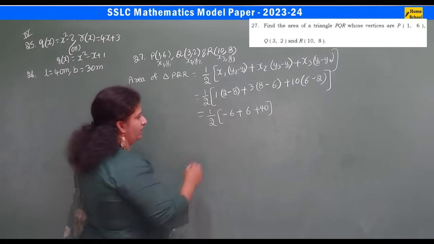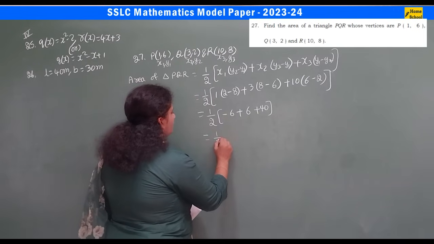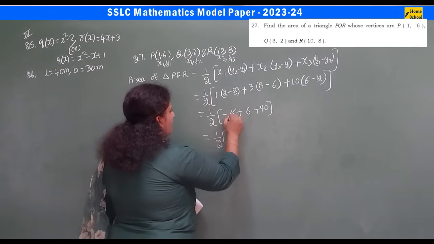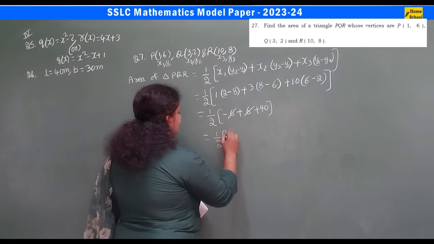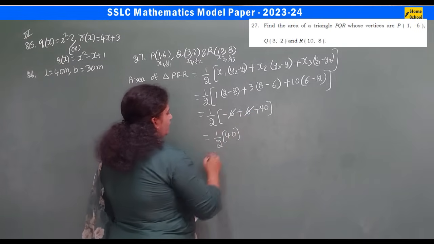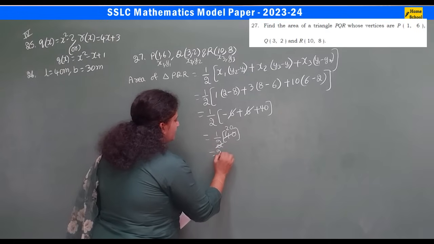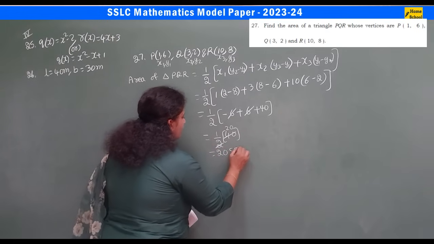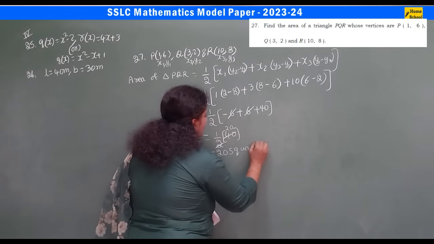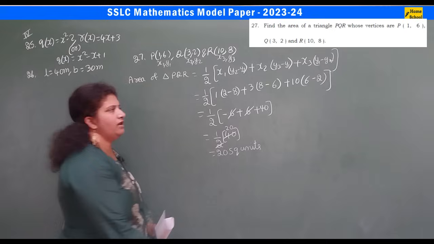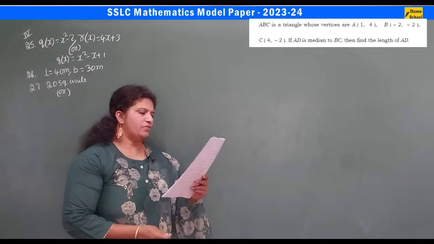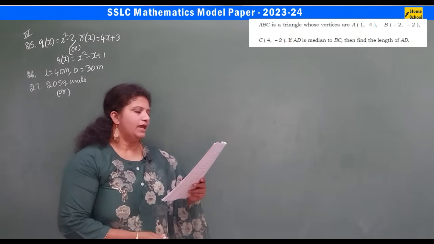Now half of minus 6 plus 6 cancels, plus 40, so 2 twenties are 20. So the area of triangle PQR is 20 square units.